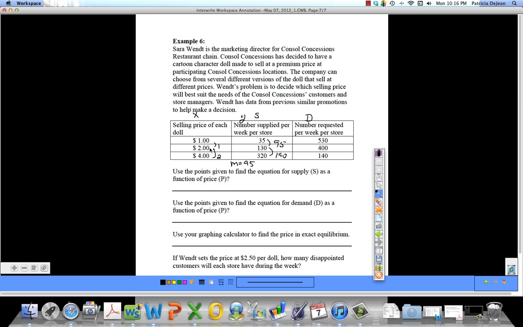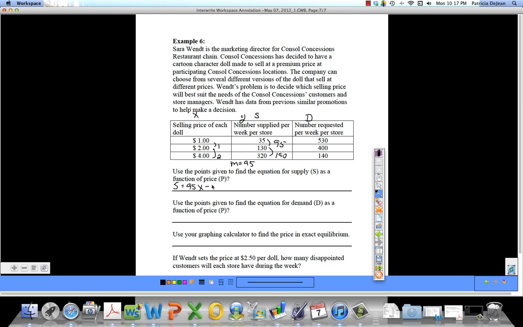Now I have to figure out what it would take to make my rule, like we've done in many cases in the past. So I know I have S equals 95 times x, and I have to figure out 95 times this minus some number will give me this number.